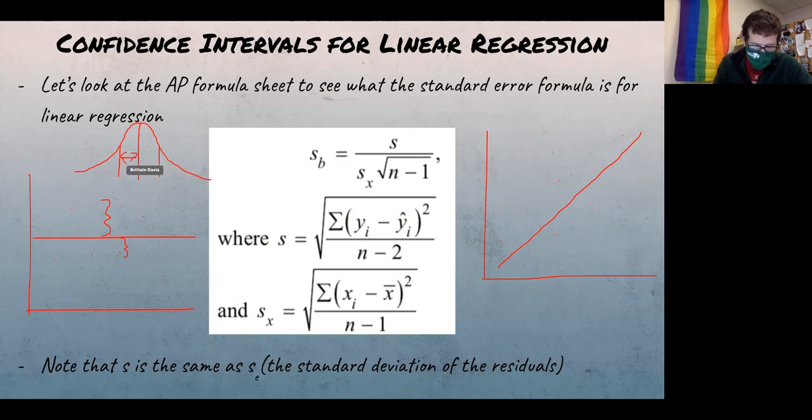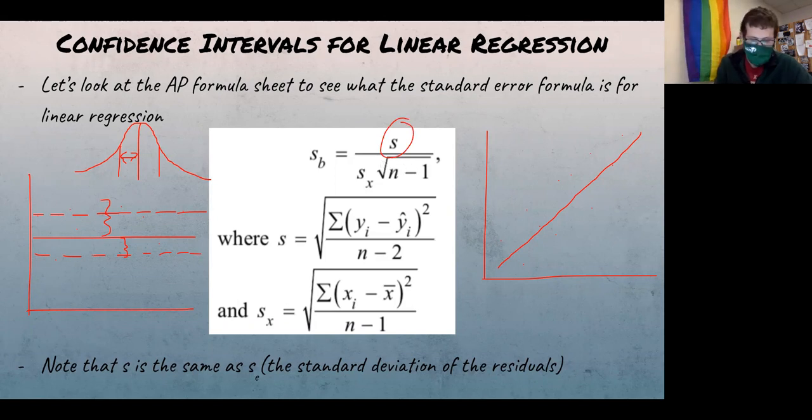So we're going to have a line right here and here that represents where the average residual is going to fall. That's what the s at the top means.